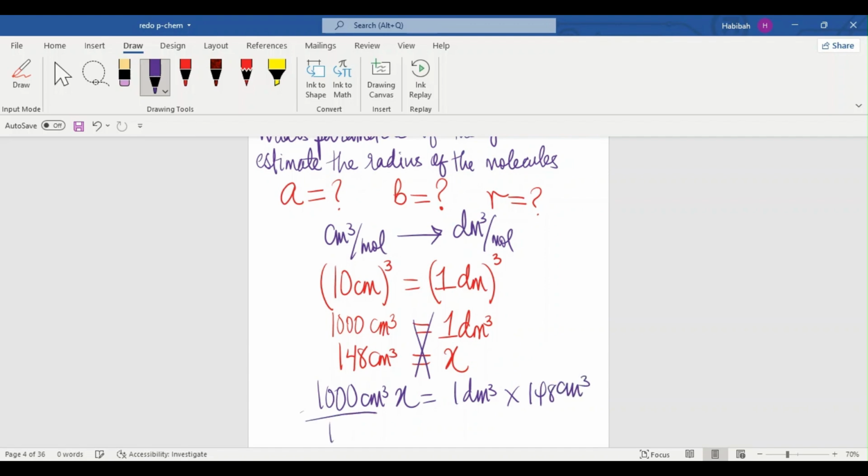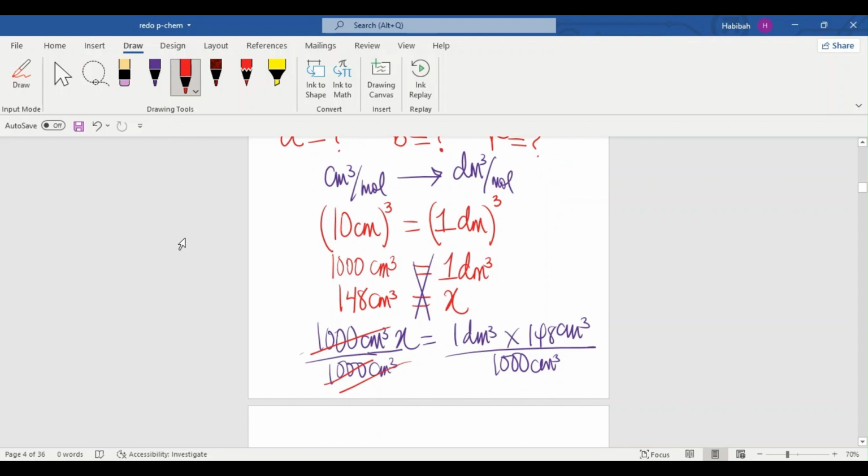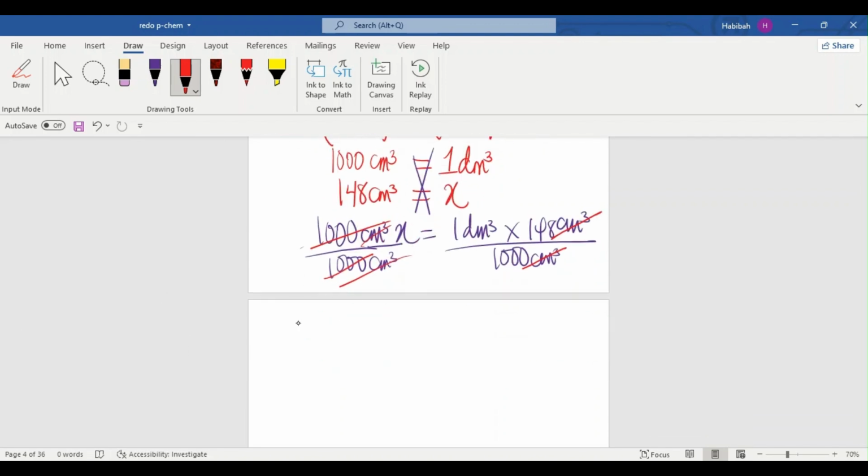When you divide both sides by 1000 centimeter cube, you cancel out the centimeter cube and the 1000. So X becomes 148 times 10 to the power of negative 3 decimeter cubed.